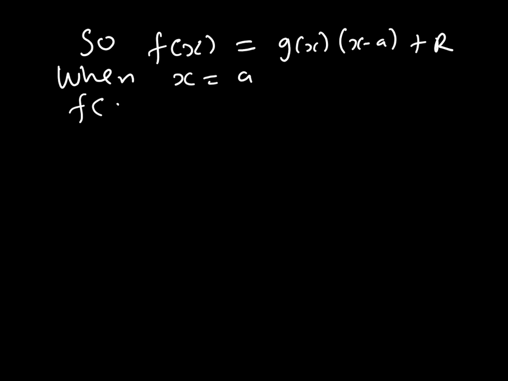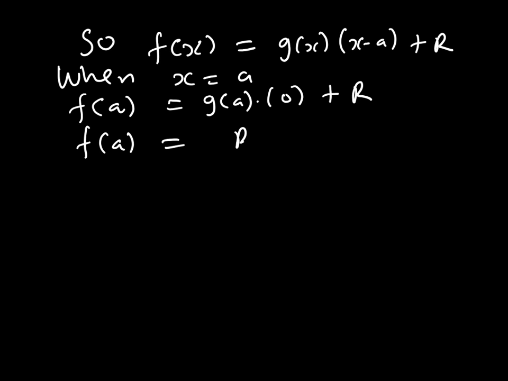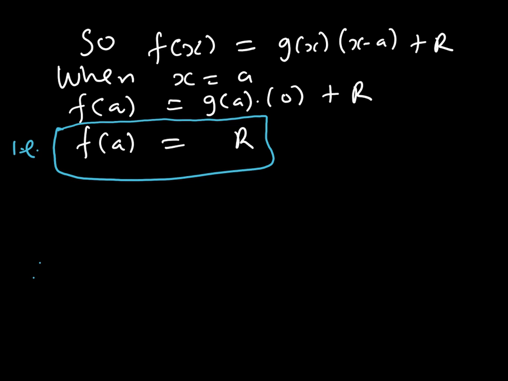We're going to have f of a equals g of a times 0 plus r, and f of a will be equal to the remainder. So we can always get the remainder by substituting x equal to a into the polynomial. So r is equal to f of a.